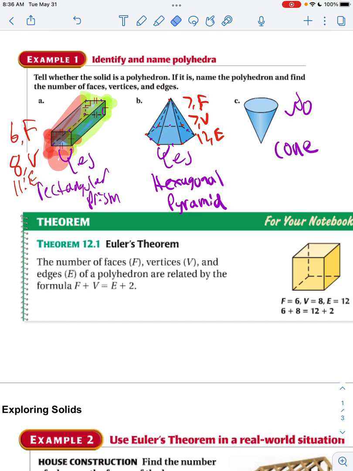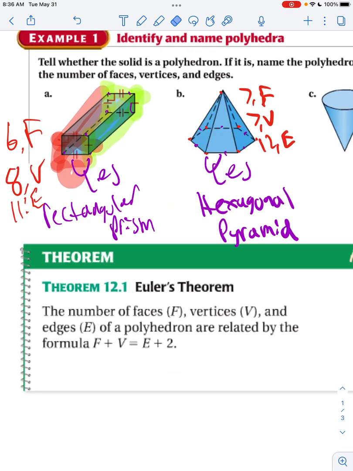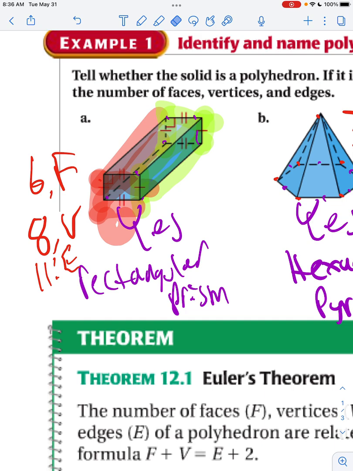So if I'm double checking, it looks like we need to relook at this first one. I'm going to erase some of this stuff so we can get a better picture. Let me double check. Edges, 1, 2, 3, 4, 5, 6, 7, 8, 9, 10, 11, 12.